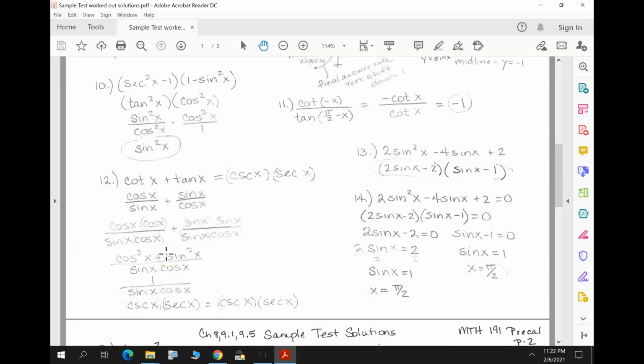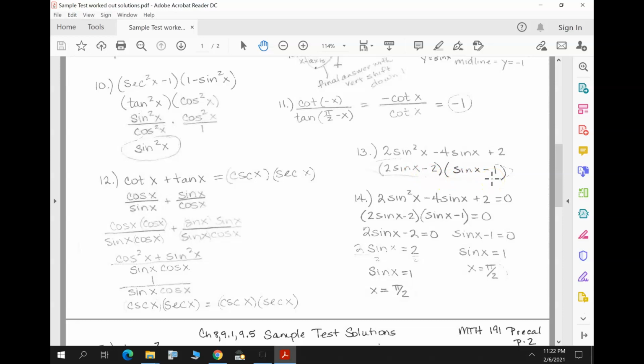All right, then for number 13, they ask us to factor. So if it makes it easier for you to see, remember that you can substitute this out. So that would be like 2x squared minus 4x plus 2. So if you factor 2x squared minus 4x plus 2, you would get 2x minus 2 and x minus 1.